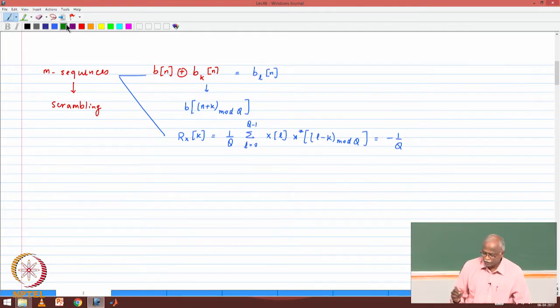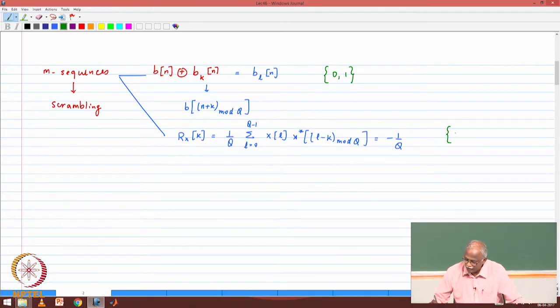Maybe it's good to mention right here that we have used both representations of M sequences. For example, the shift property is based on the binary representation because you're doing modulo 2. The correlation property, the way we have written it, is based on the bipolar representation, with a 0 mapping to 1 and a 1 mapping to minus 1.